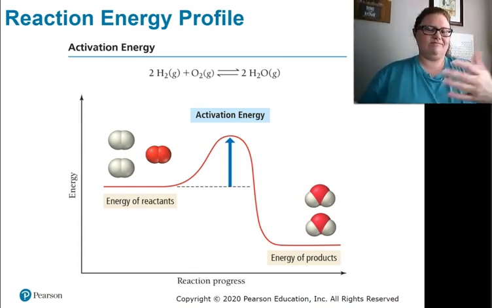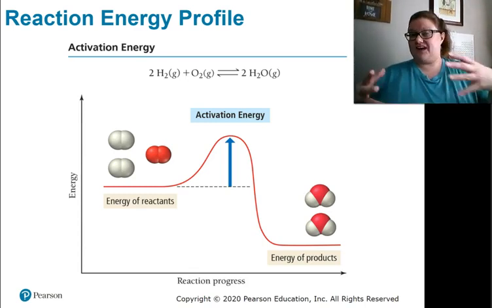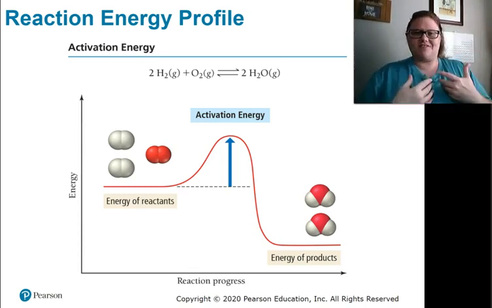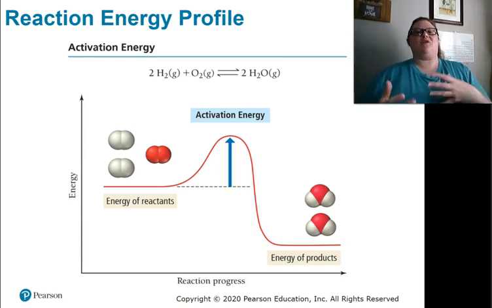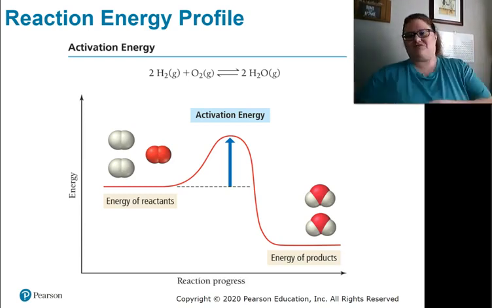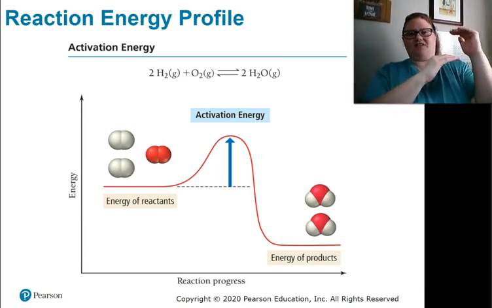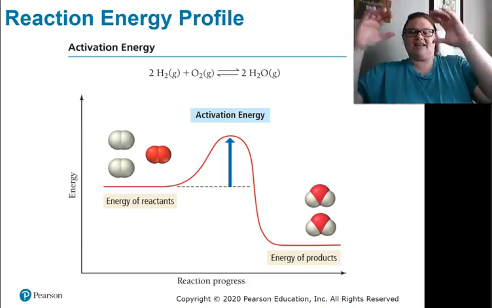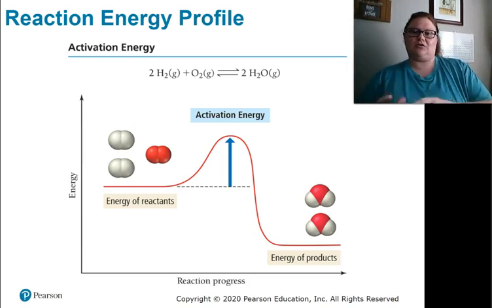Now, we all know that atoms and molecules don't have a consciousness, so they don't have wants the way we describe them, but I'm using it as a way to help describe the natural tendency of things to form. Okay, so the energy of our reactants we see on this graph are very high. They have to still go higher to get to that activation energy threshold in order for the reaction to take place.